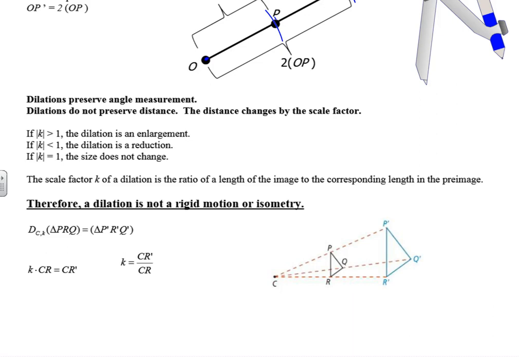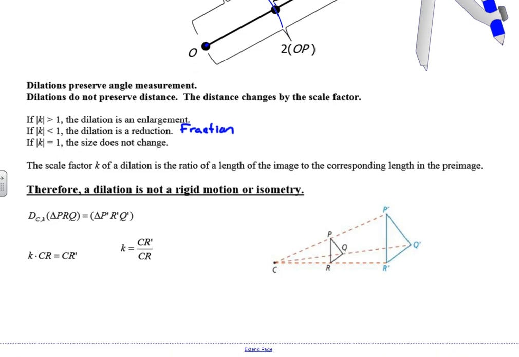If the absolute value of K is less than 1, the dilation is a reduction, so you want to think that we're probably looking at some kind of fraction as a scale factor. And if K equals 1, then the size does not change. The scale factor K of a dilation is the ratio of the length of the image to the corresponding length of the pre-image.